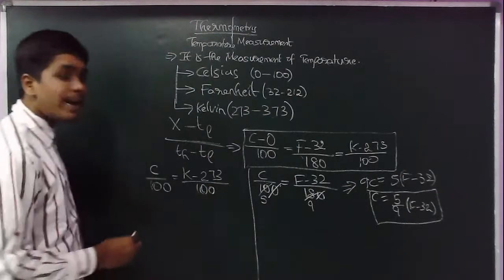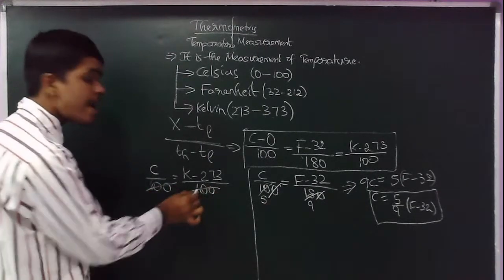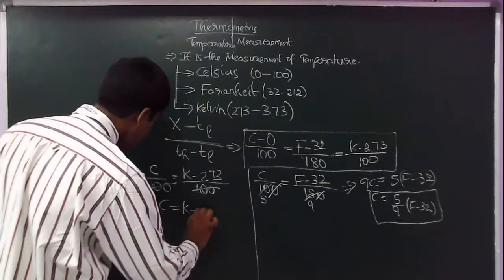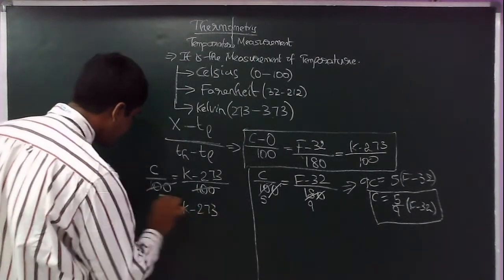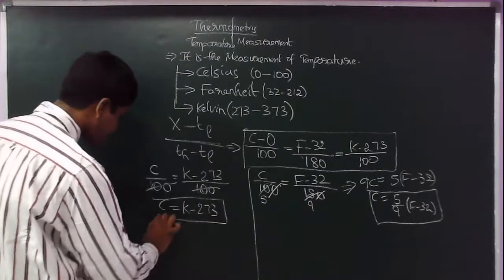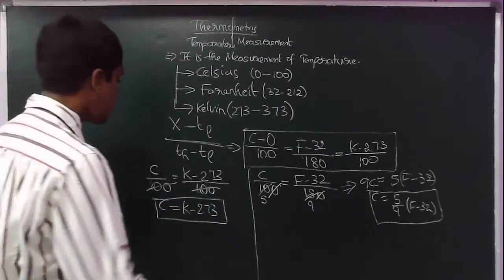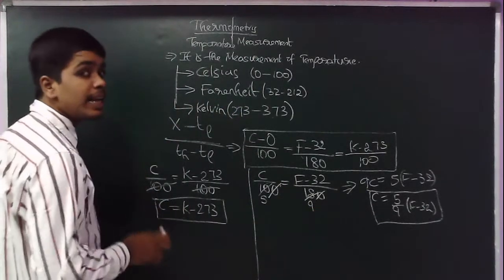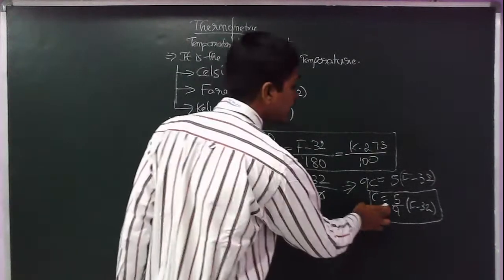So the denominator 100 and 100 are cancelled out. So C is equal to K minus 273. Okay, now we got the relationship between Celsius and Kelvin and Celsius and Fahrenheit.